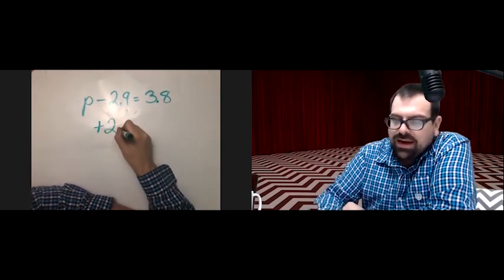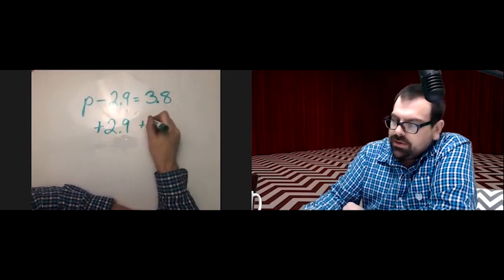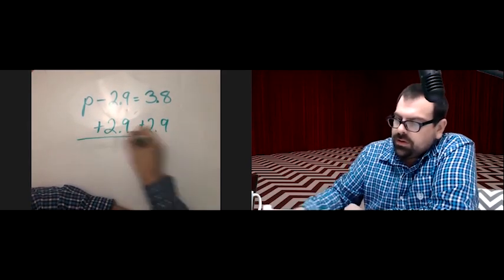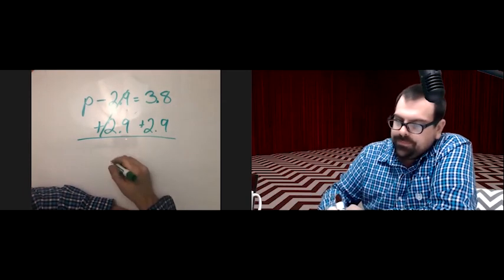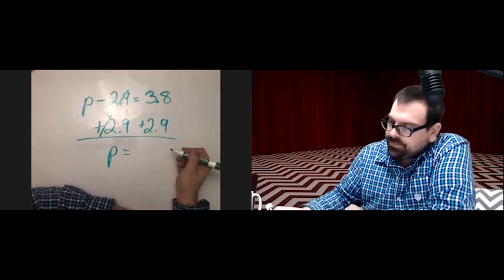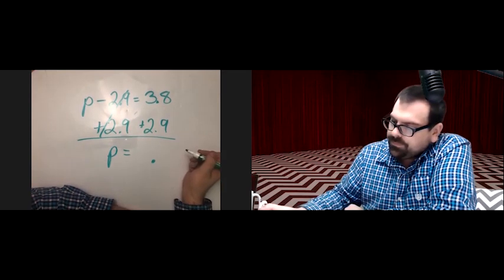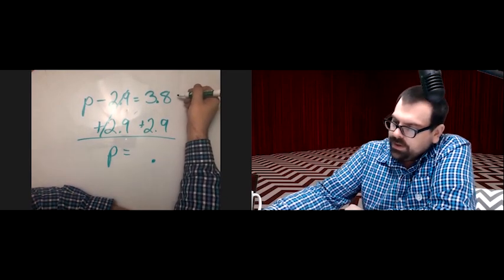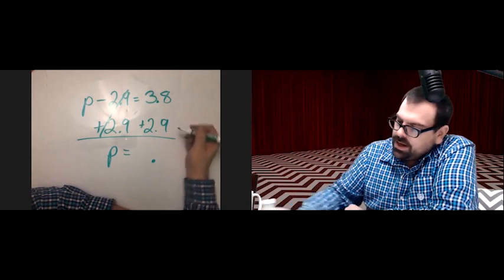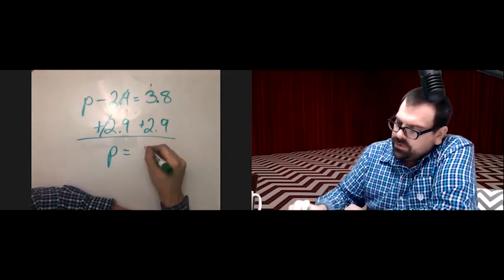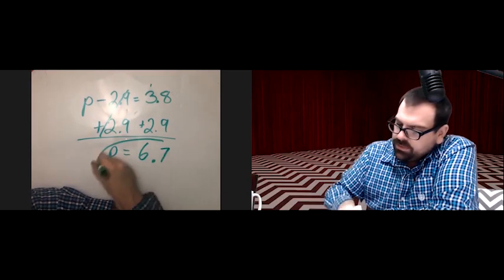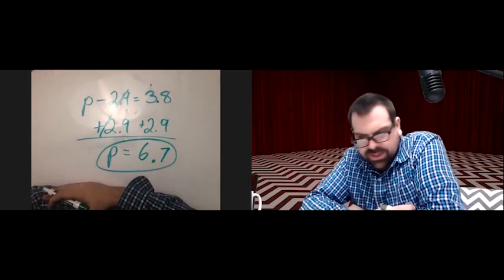We do that with adding 2.9. 8, 9 would be 17. Carry the 1, 4, 5, 6. So p equals 6.7.